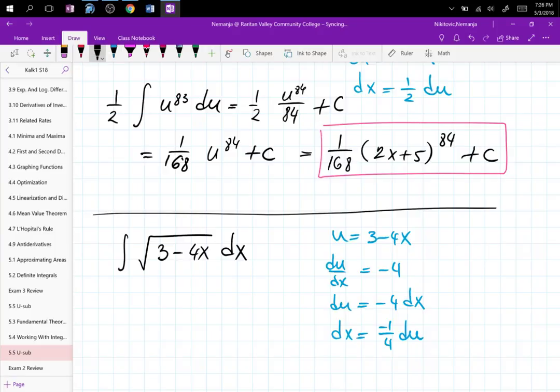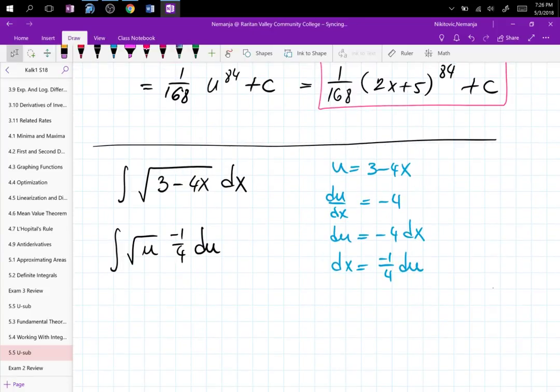So now when you put this together, you have the square root of u times negative 1/4 du. So what I have done is I replaced whatever is under the square root with u, because I defined my u that way, and then replaced dx with what dx is, which is negative 1/4 du.